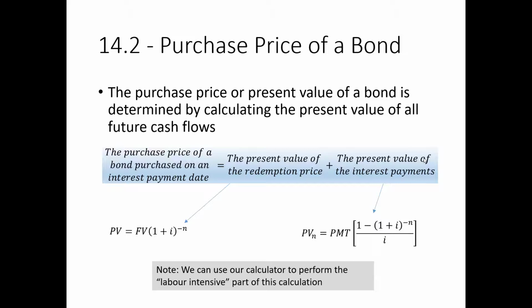And then the stream of coupon payments, that's like an annuity, right? Payments happen at a regular interval. The payment amount is the same. It's classic annuity stuff. We bring them both together. So if you like working with the formulas, that means you're using both of those formulas from the compound interest unit and from the annuity unit.